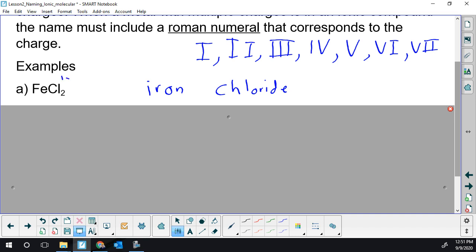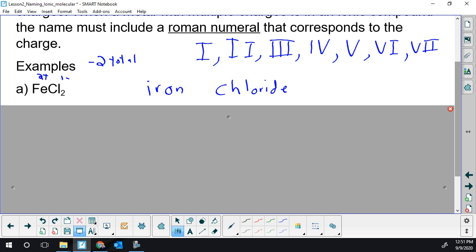But there's 2 of them, so in total we've got -2. We've got 1 iron, and that's got to balance out the -2. So this must be the +2 version. If it was the +3, our charges wouldn't balance.